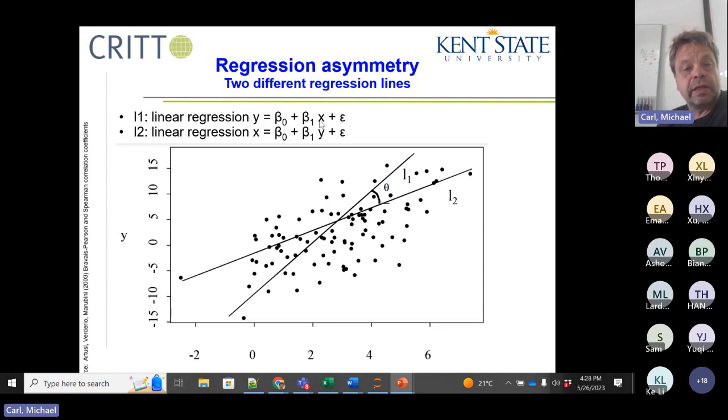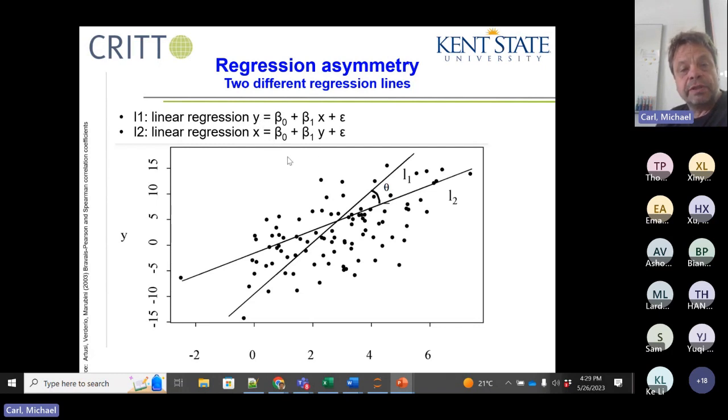So usually you would write it like this, okay? You would like to predict a y given an intercept here and the slope of the line, okay?